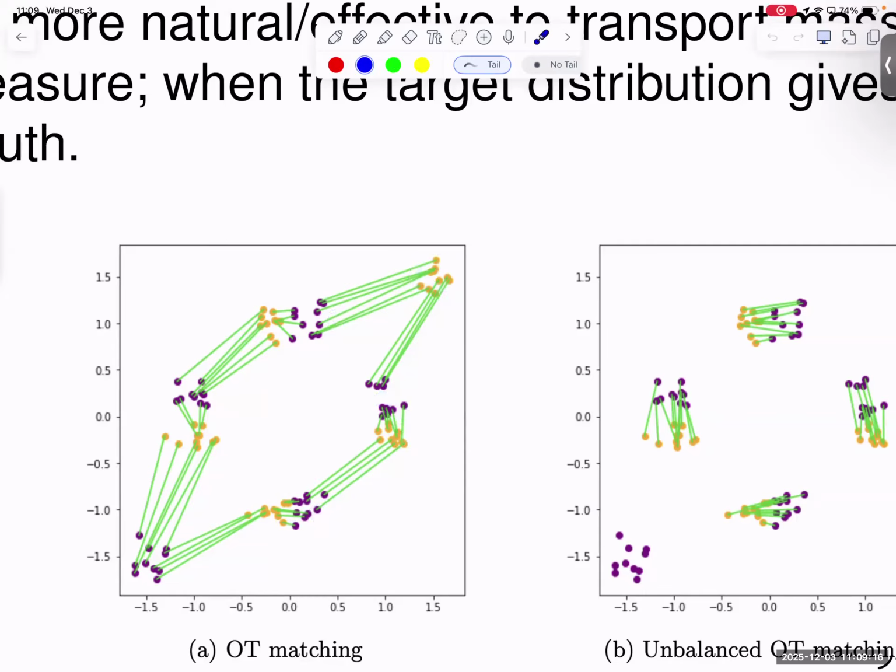But then maybe some of these points are outliers. Let's say these point clouds are from sampling two distributions. But the sampling may not represent the ground truth very well in general, especially if the sample size is not large enough.